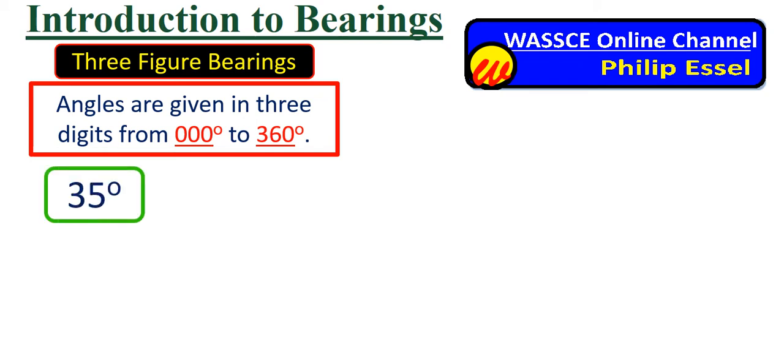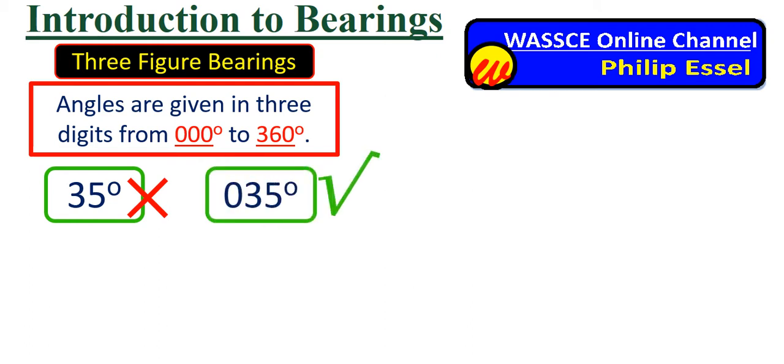This angle 35 degrees is a 2-digit angle. In 3 figure bearing, we cannot write it as 35 degrees. We can, however, write it as 035 degrees. So this is one of the things you need to note about 3 figure bearings. Angles are always recorded in 3 digits.